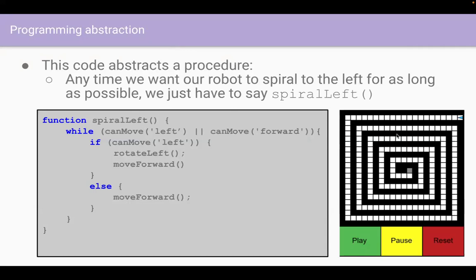The function is pretty much taking all the little steps that it has to do and putting them into one general scheme, so that we can say, okay, this robot has to go through the function called spiral left, because we can't say, now it has to move left, now it has to go forward, now it has to do this and do that, because that just takes so many steps. And the whole point of coding is to make everything simpler and more efficient so that the computer can run faster, right?